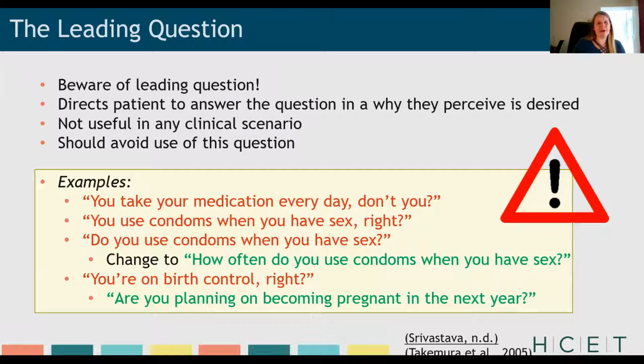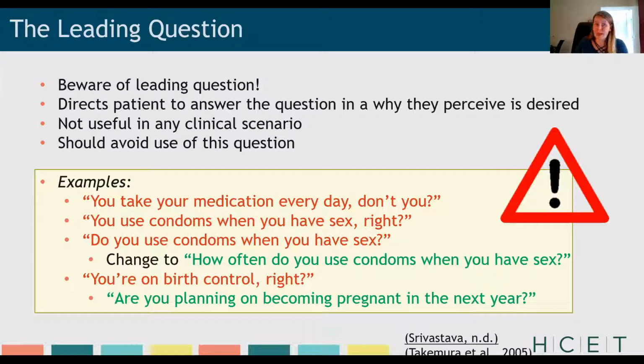This next example, I would also argue is a leading question: do you use condoms when you have sex? And I definitely have caught myself asking patients this question, because in my setting, being a sexual and reproductive health care provider, patients are coming to me for STD screening.